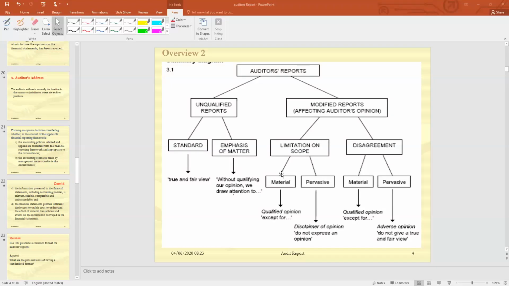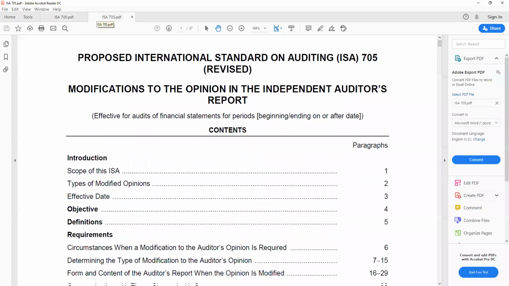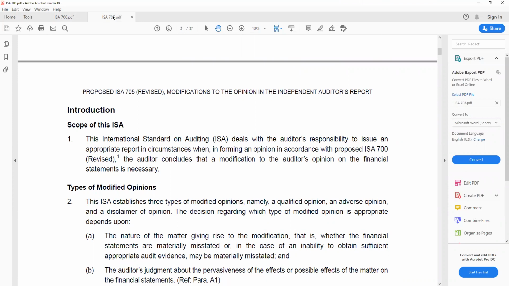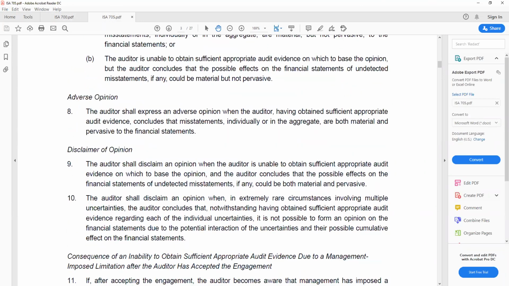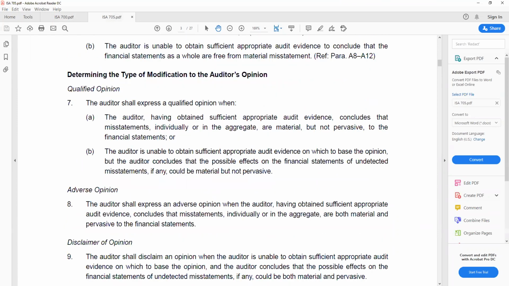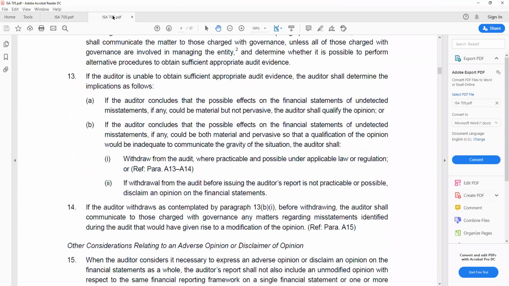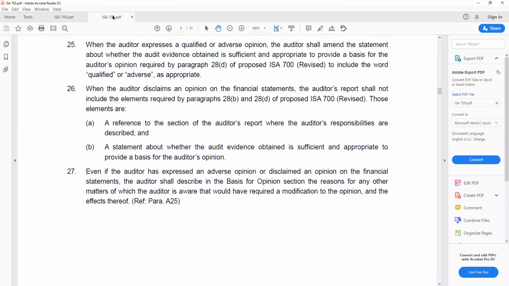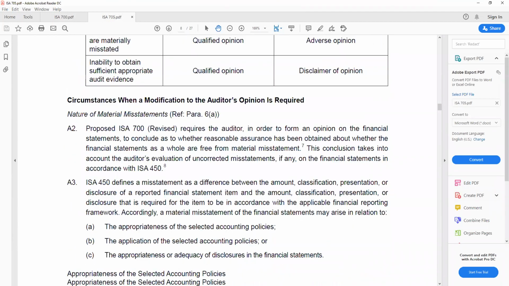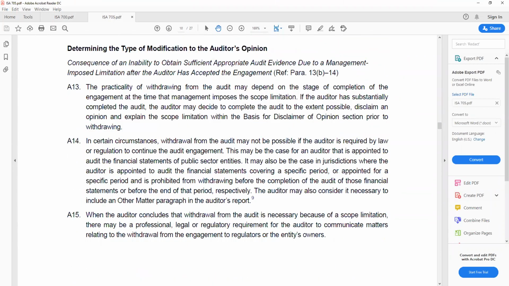So this is ISA 705. I just want an example of how you draft the opinion.